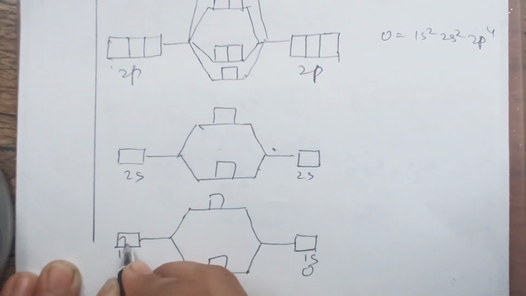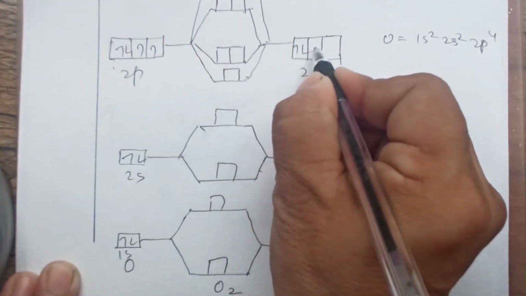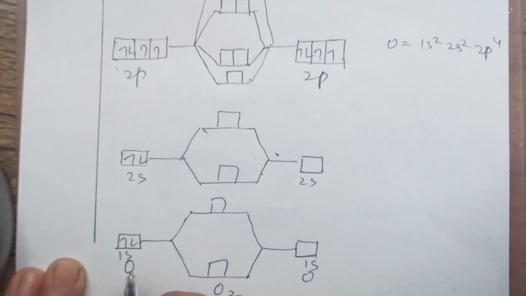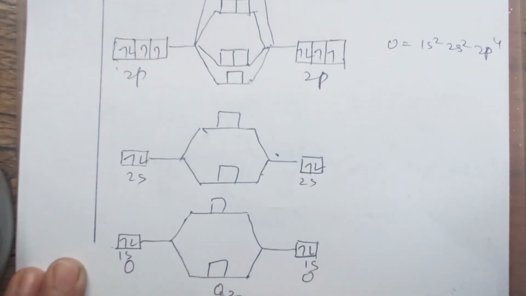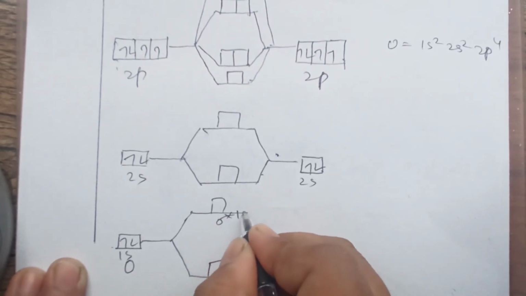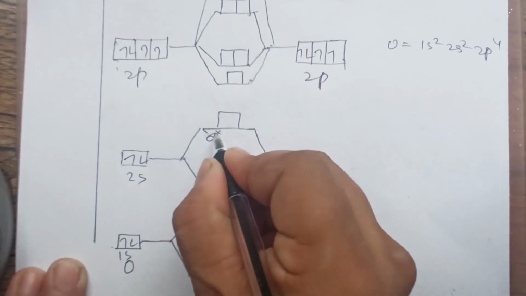So we will fill in the electrons first. Let me write: 1s will combine and form sigma 1s, sigma star 1s, sigma 2s, sigma star 2s.